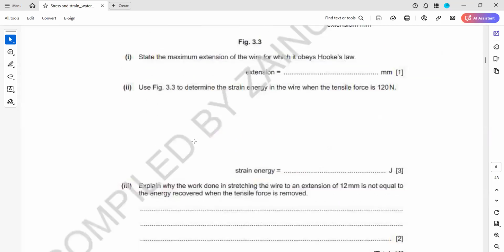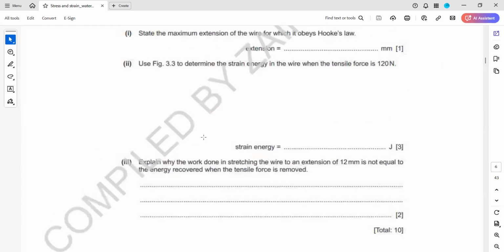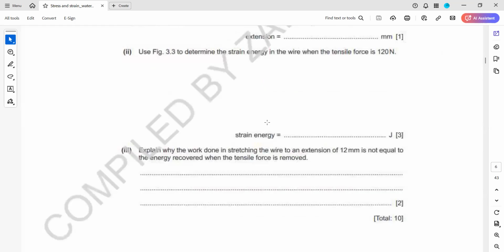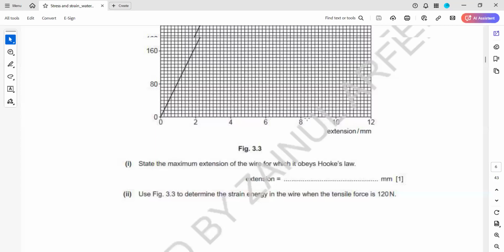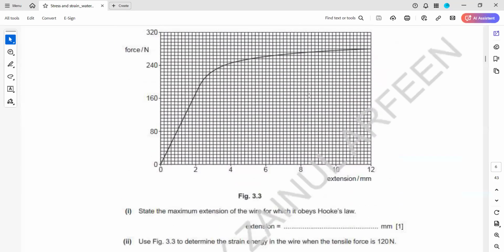The next is, explain why the work done in stretching the wire to extension 12 millimeter is not equal to the energy recovered when the tensile force is removed. When we extend to 12, what might happen? The spring might deform permanently, or even if it is not deformed permanently, some of the energy always remains in the spring as internal energy.